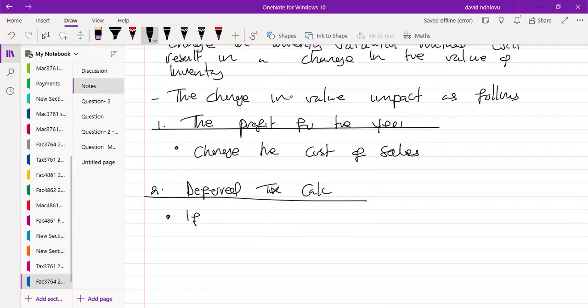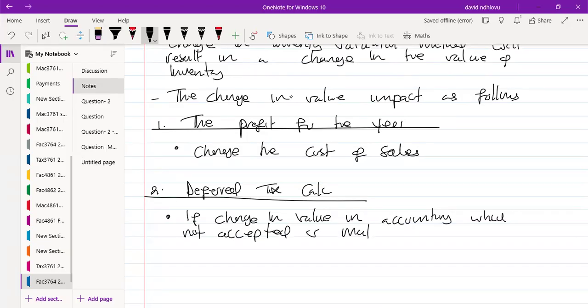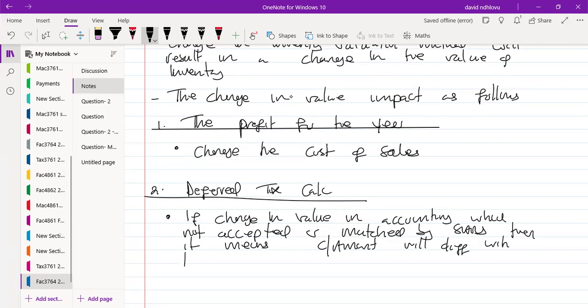So if there is a change in value in accounting, which is not accepted or matched by SARS, then it simply means the carrying amount will differ with the tax base, leading to temporary difference and deferred tax implications.